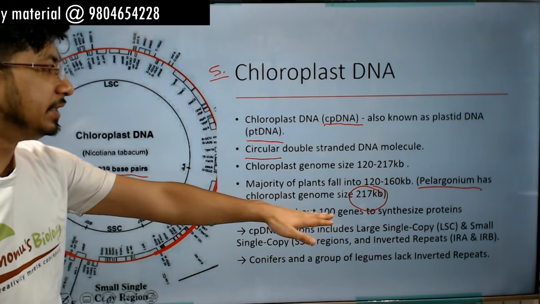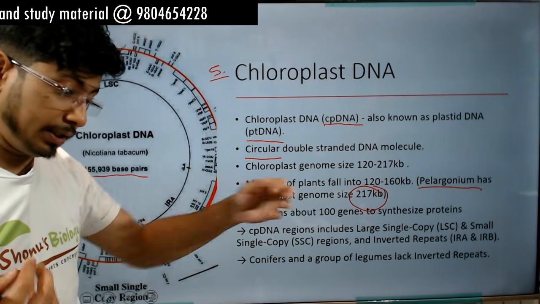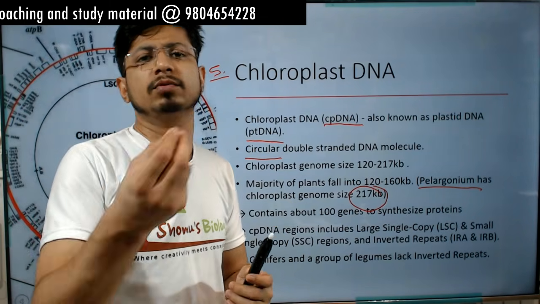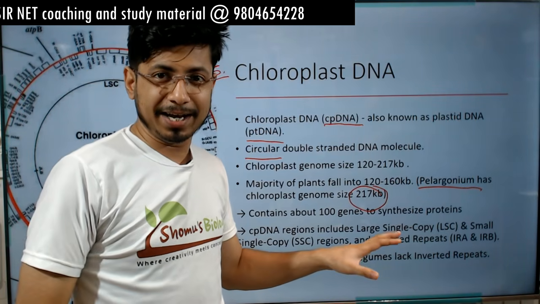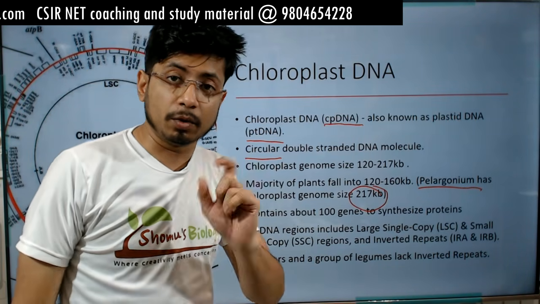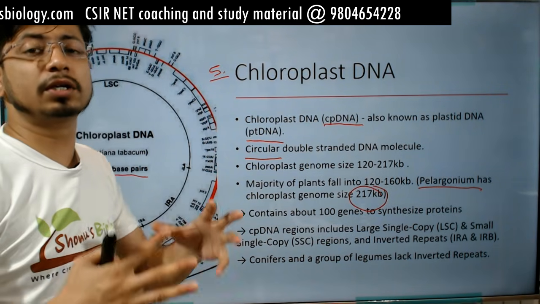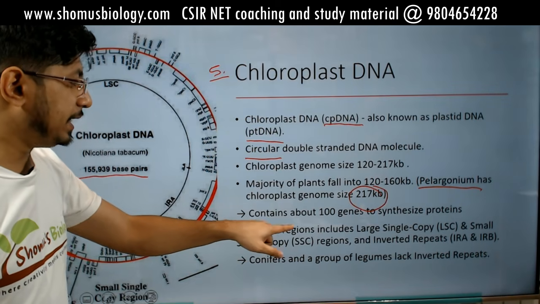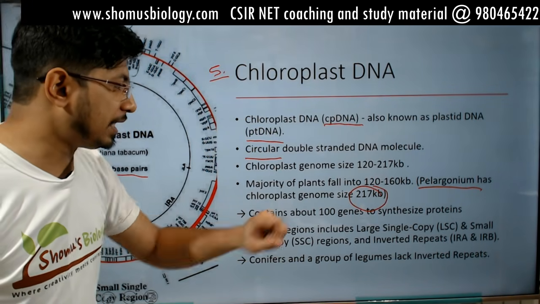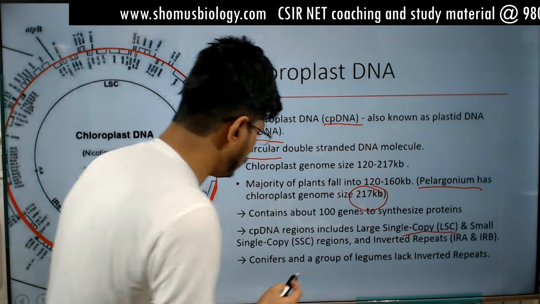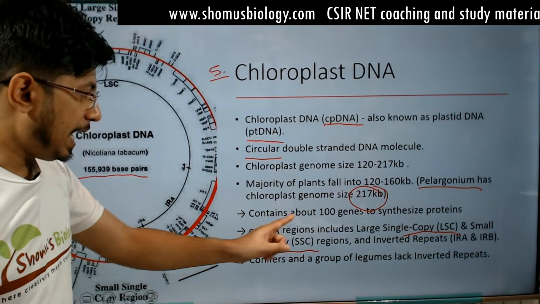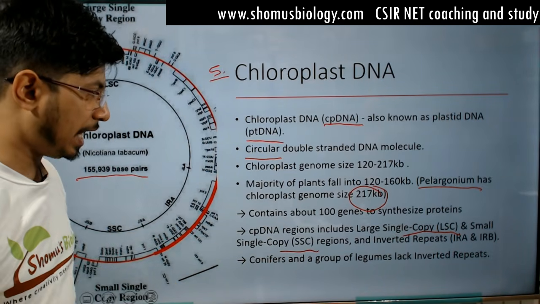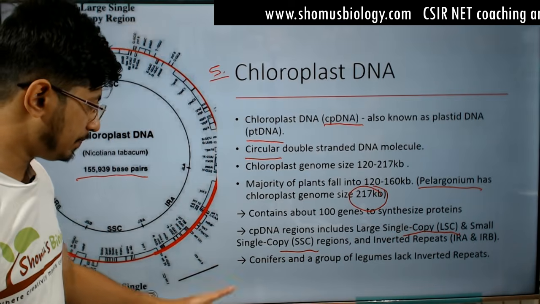It contains about 100 genes to synthesize proteins. So think about it, it's not that simple, it's not like 2-3 genes. 100 genes are there inside even a chloroplast DNA, which makes the eukaryotic cell so complicated. Even an organelle DNA contains 100 genes. cpDNA regions include the large single copy LSC region, the small single copy SSC region, and inverted repeat sequences IRA and IRB.